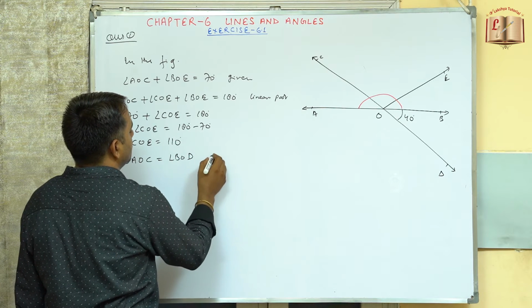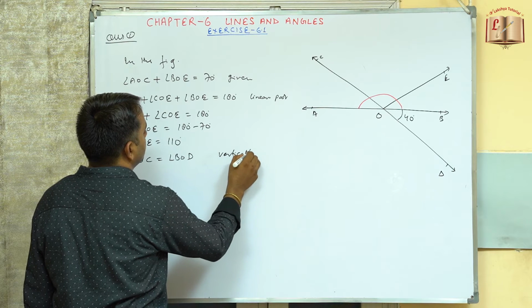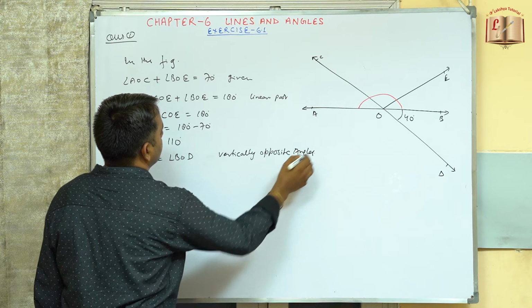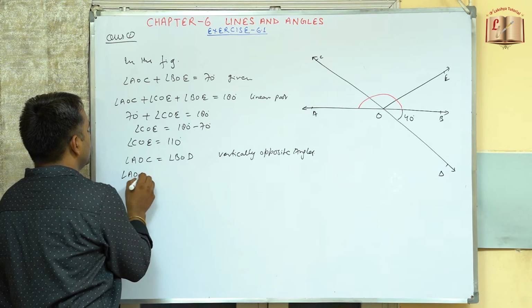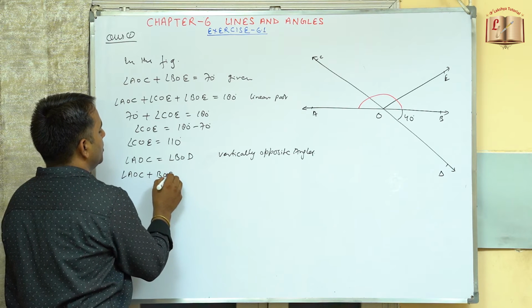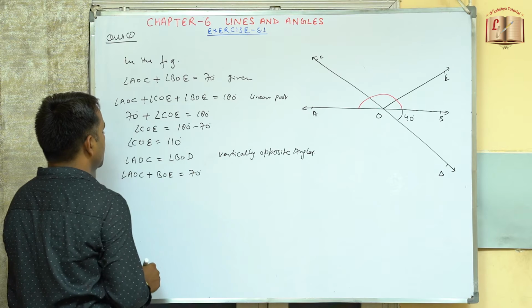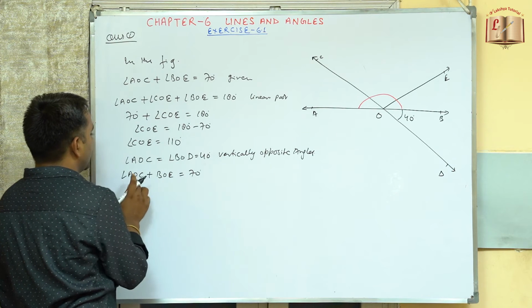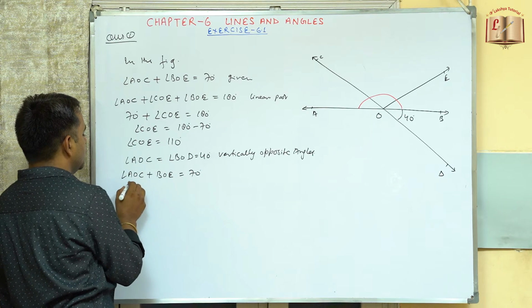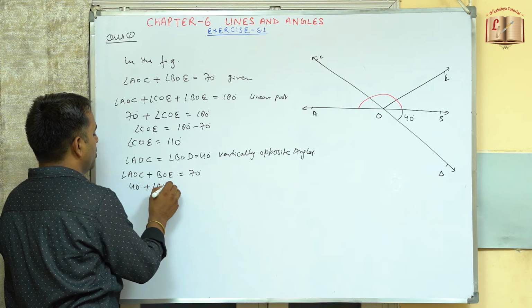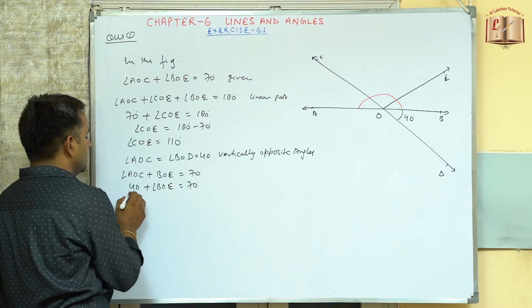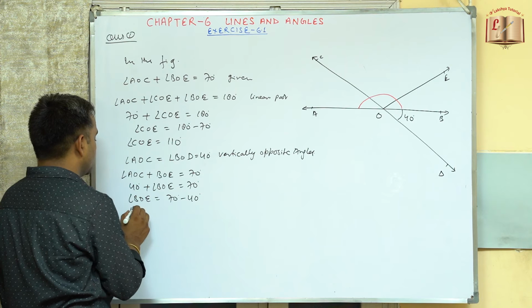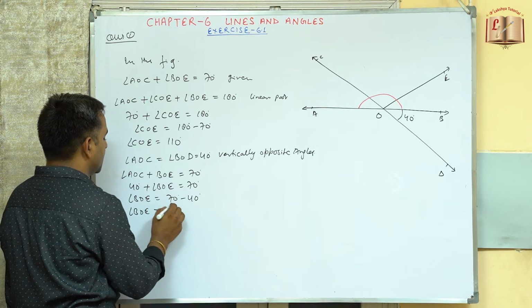These are vertically opposite angles. And it is already given that angle AOC plus angle BOE is equal to 70 degrees. And we can write AOC as 40 degrees because this is already given as 40 degrees. So we can write 40 degrees plus angle BOE is equal to 70 degrees. So angle BOE will be equal to 70 degrees minus 40 degrees. So we got angle BOE as 30 degrees.